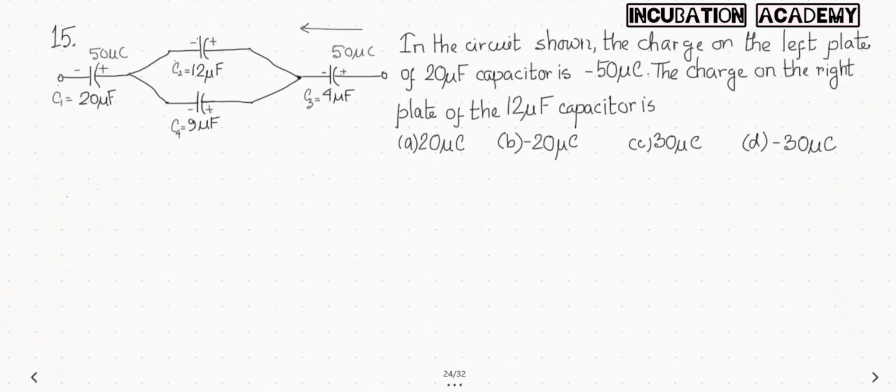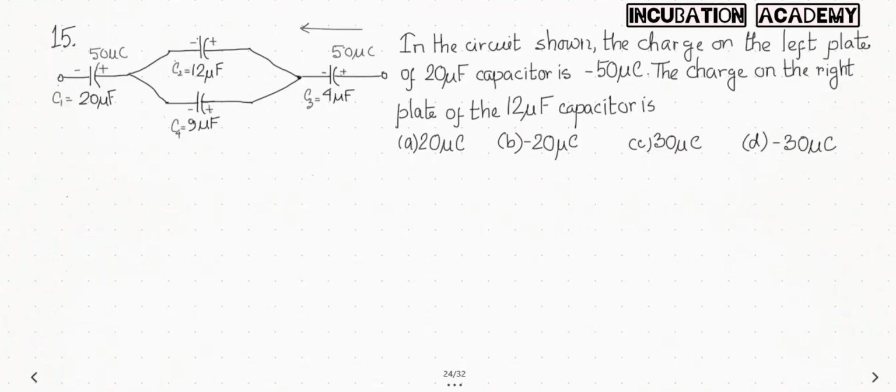This plate has plus 50 microcoulomb and the left plate has minus 50 microcoulomb. Now this 50 microcoulomb charge is shared between C2 and C4. It has to be.